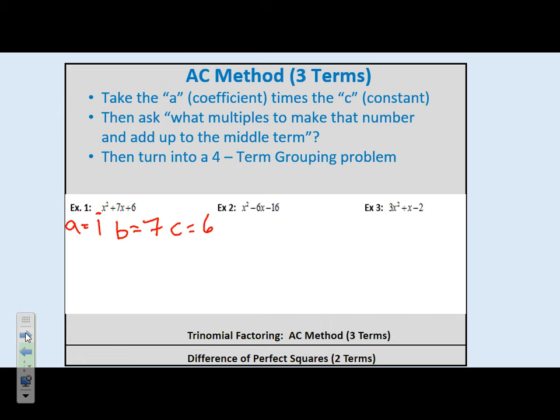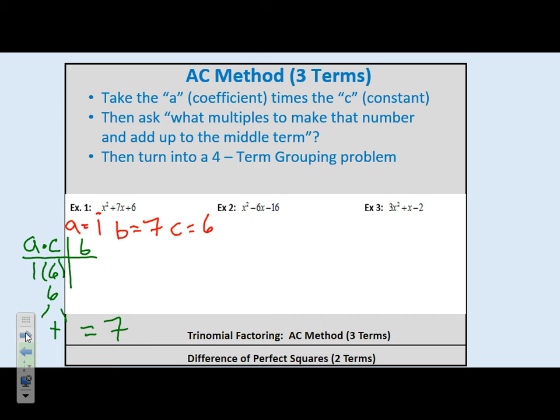So what that means is I'm going to take A times C, and my goal is that it's going to add up to equal B. So over here I'm going to take 1 times 6, which equals 6, and I need to come up with 2 numbers that add together to equal 7. So my 2 numbers have to multiply to equal 6 and add up together to equal 7.